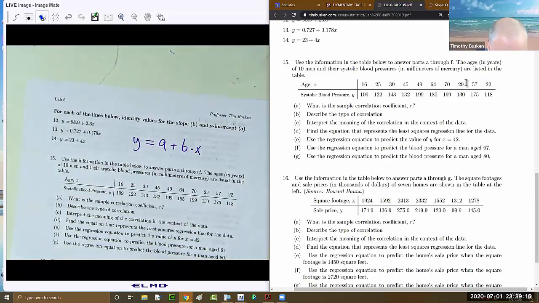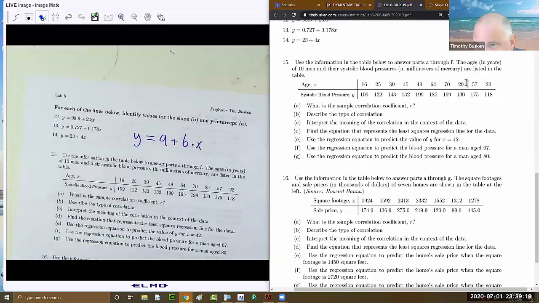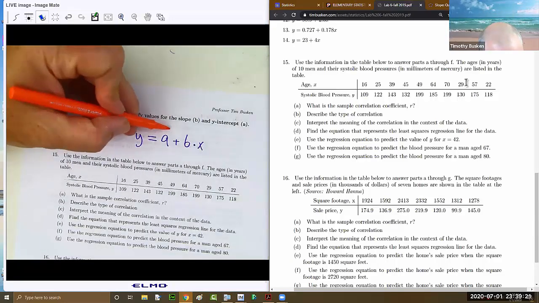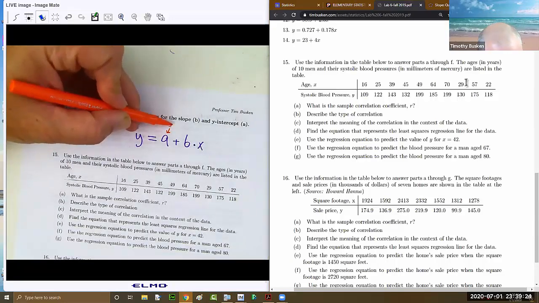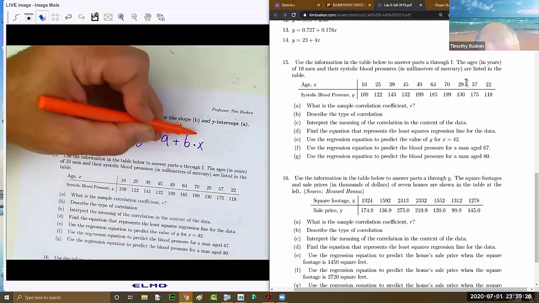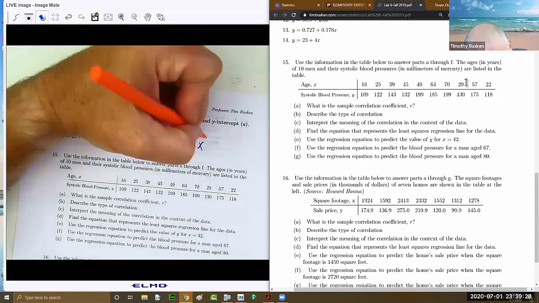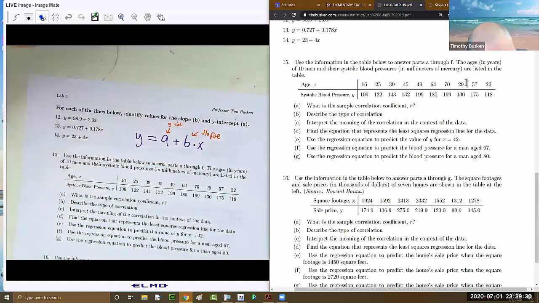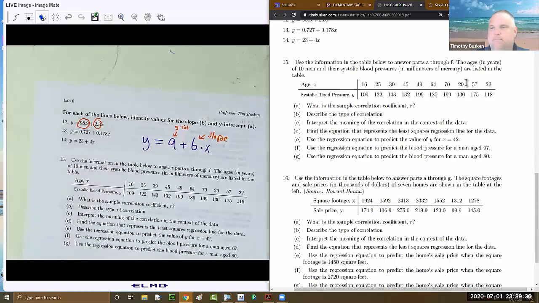It looks like each one of these equations is in that form. And we know that a is going to be the y-intercept, and b is going to be the slope. So this problem just simplifies down to trying to identify these two different values of a and b. Okay, so that's how you answer those questions.